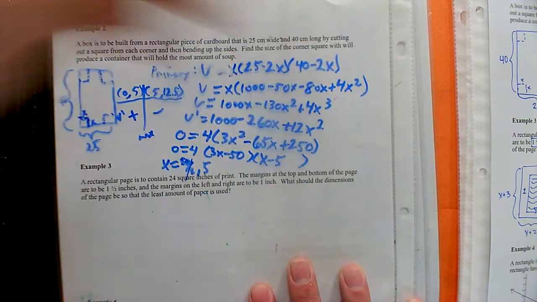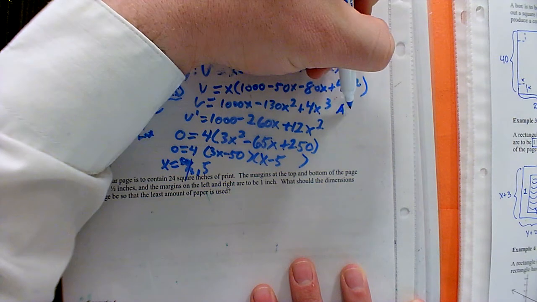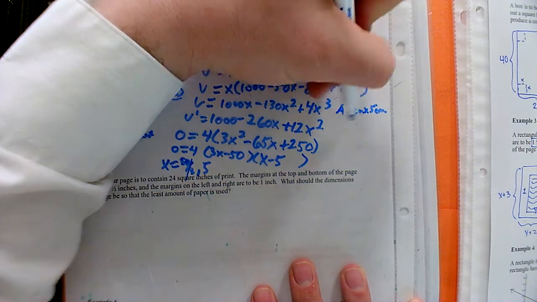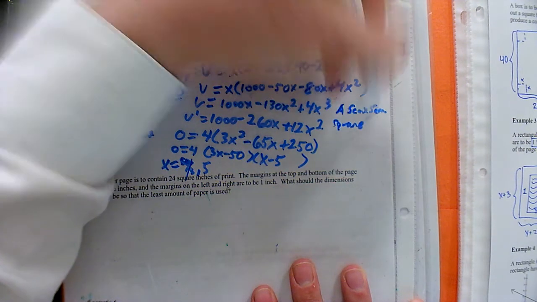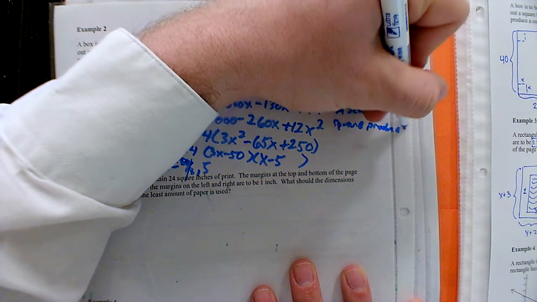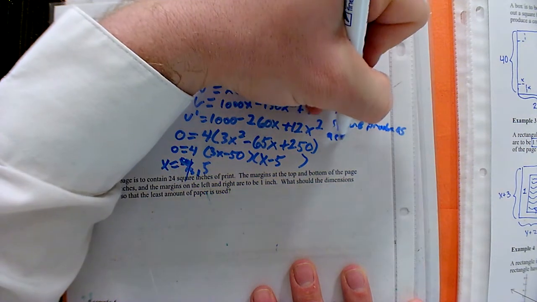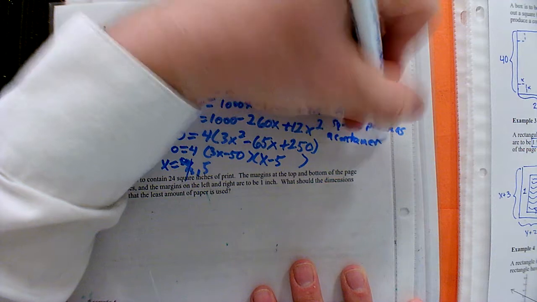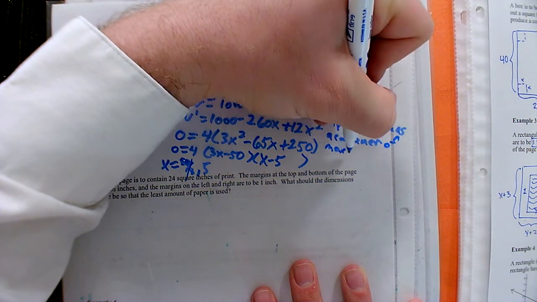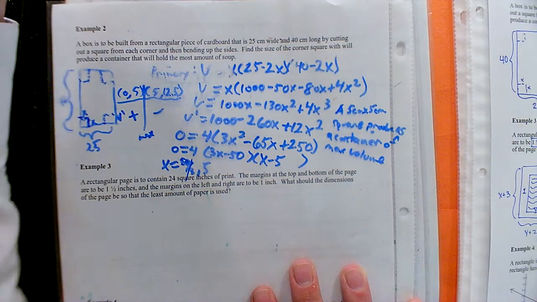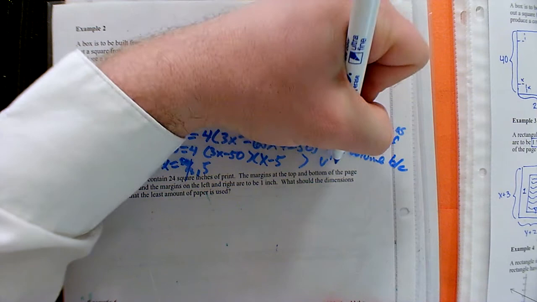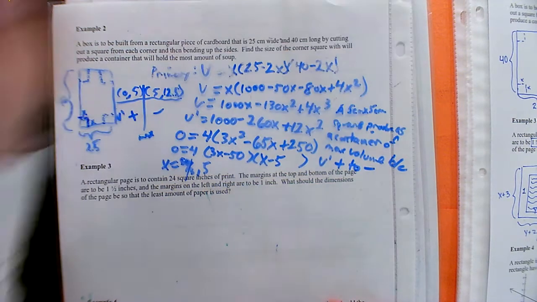So what we can say, a 5 centimeter by 5 centimeter square produces a container of maximum volume because V prime goes from positive to negative.